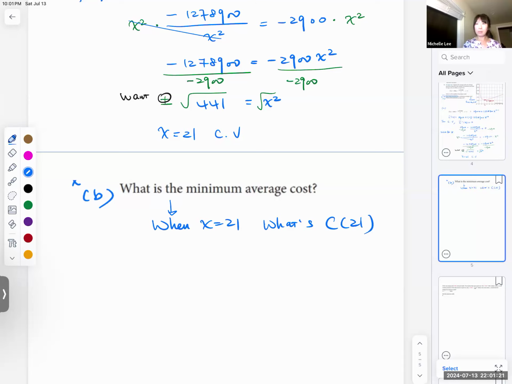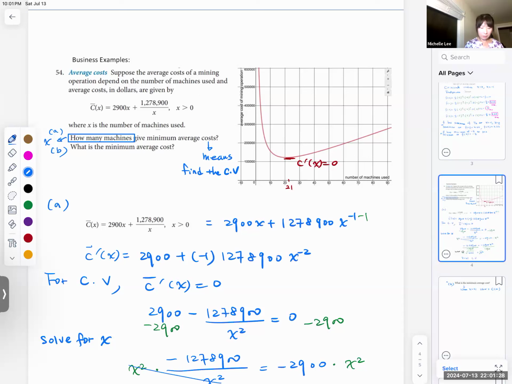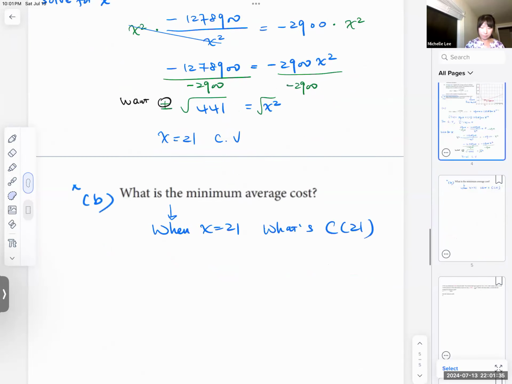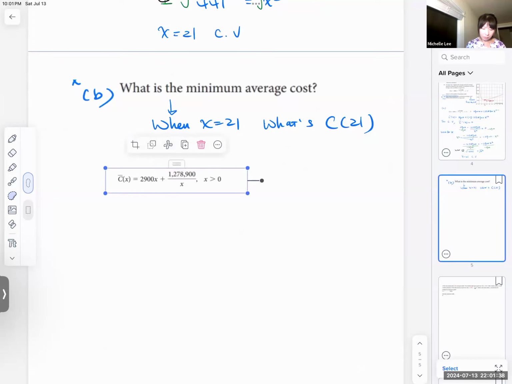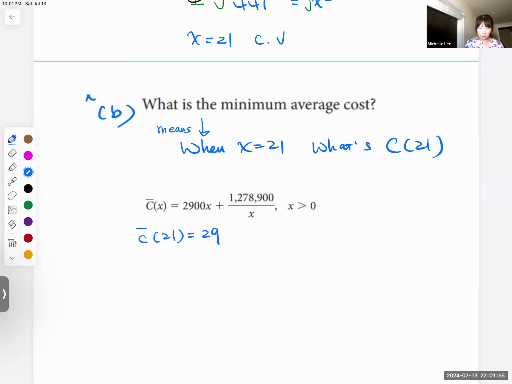So the function: C of 21 equal to 2900 x plus 1,278,900 over x, which is 21.